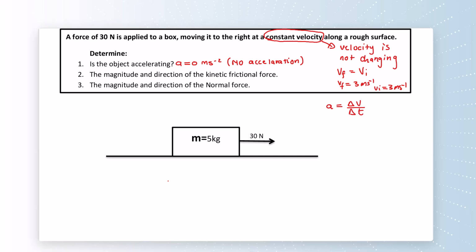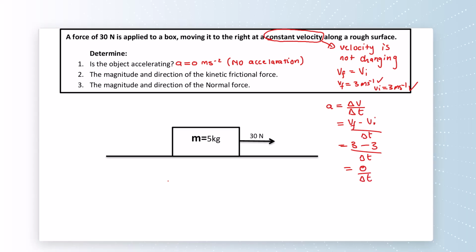So what will that do to this formula? Since change in velocity is final velocity minus initial velocity, we're going to say 3, since the final velocity is 3, minus 3, since the initial velocity is also 3. What do you get? 3 minus 3 is 0 over change in time.